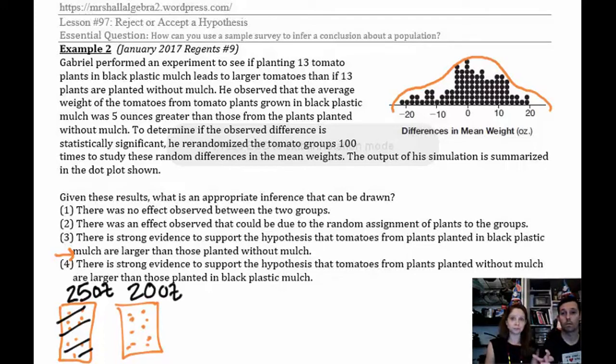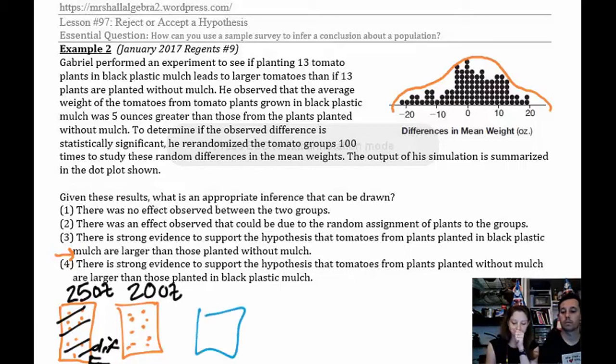Okay? And so now we're going to randomize those groups and split them into various groups of 13 and 13 and find the average of each of these random groups and the difference of those averages. So the difference we measured was 5, 25 minus 20.